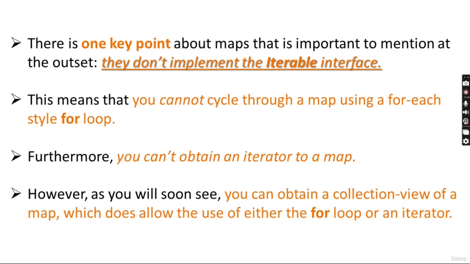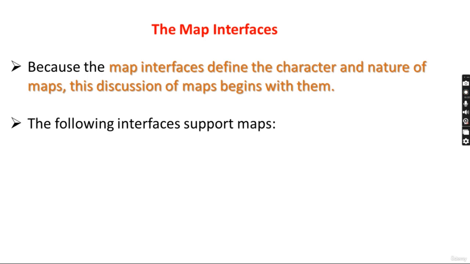You cannot cycle through a map using a for-each style for loop, and you can't obtain an iterator to a map. You can obtain a collection view of a map, which does allow you to use either a for loop or an iterator. So if you want to iterate through a map, you find the collection view of the map. Simply convert that map to a collection and then you can iterate through it.